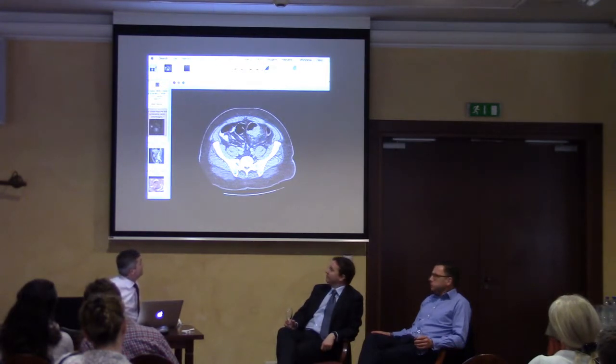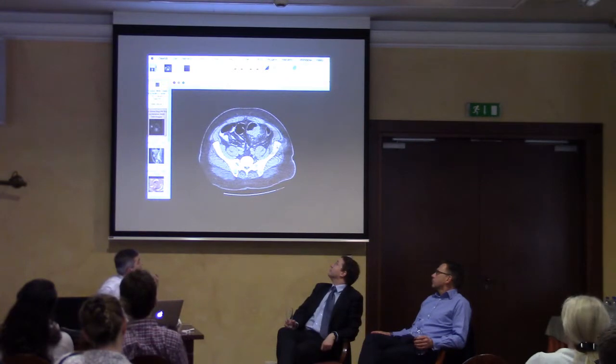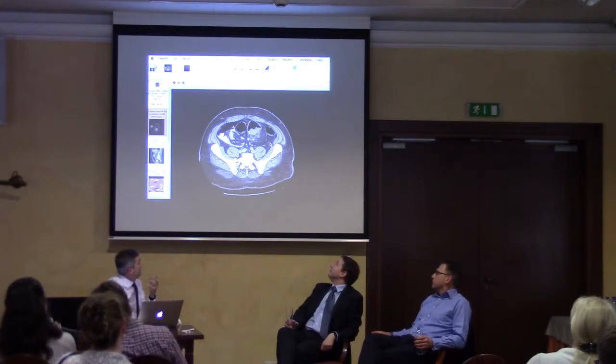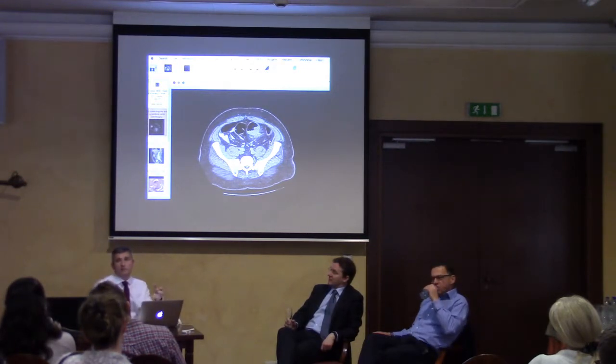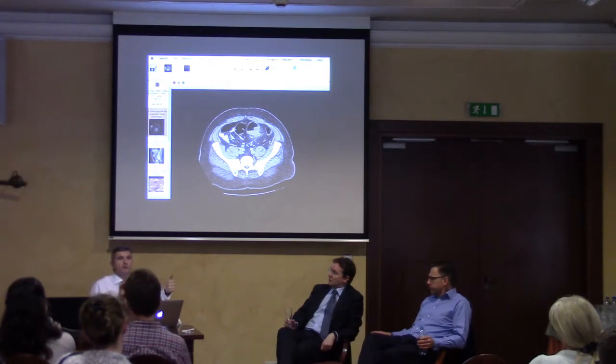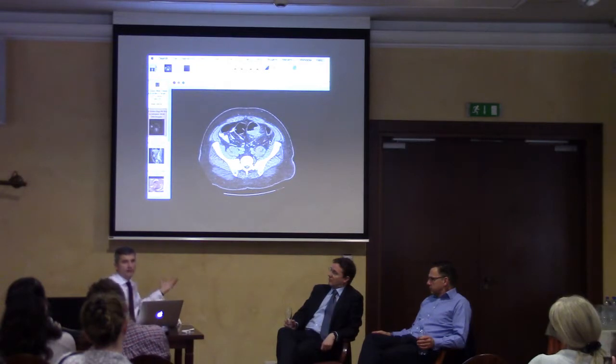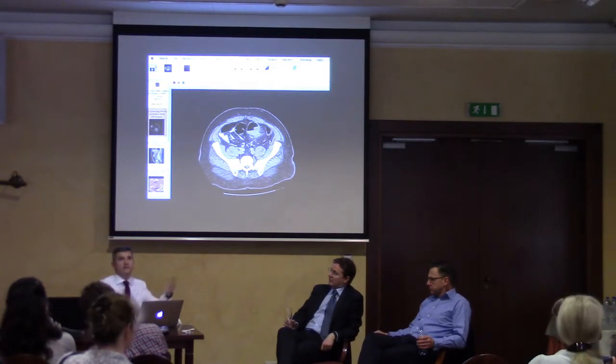There's clearly multiple nodes which look far more than I would normally expect to see, and so multiplicity of nodes is something that will influence me reporting whether I think they're positive, rather than just simply size. Size trumps everything for CT, but if I see lots of nodes, and I wouldn't normally expect to, then my feeling is that they could be reactive, but I'm much more likely to say I think this is N1 or N2 disease.